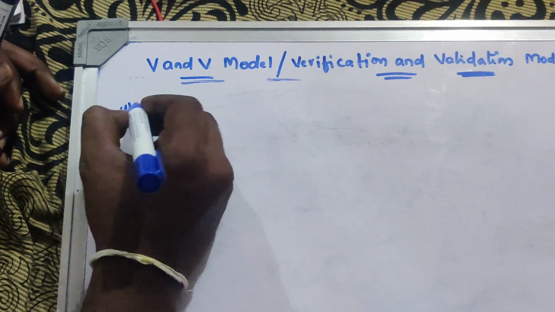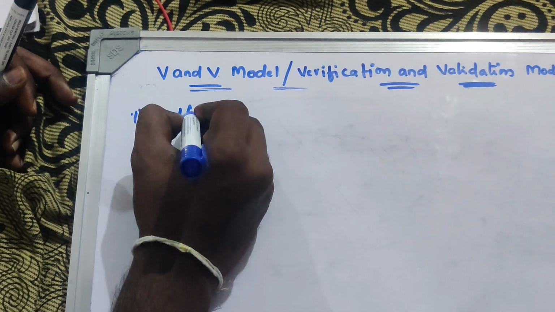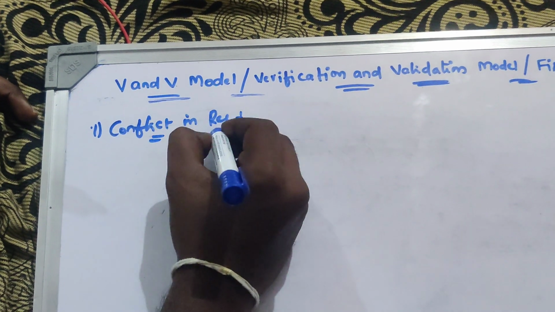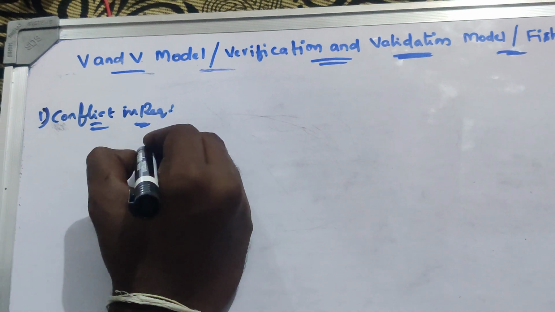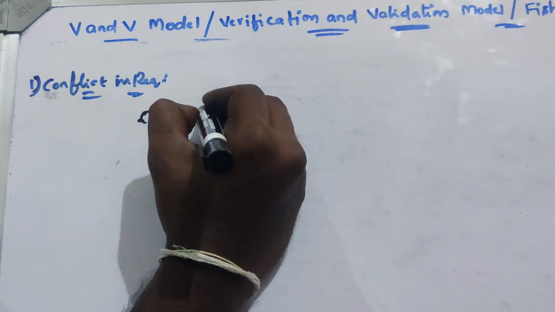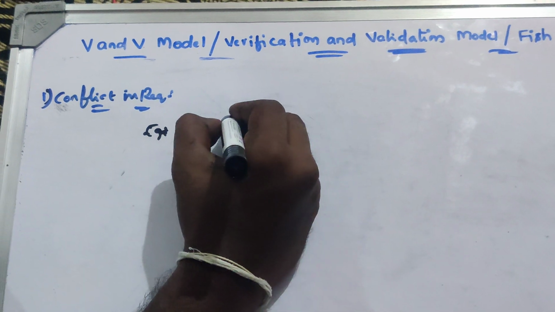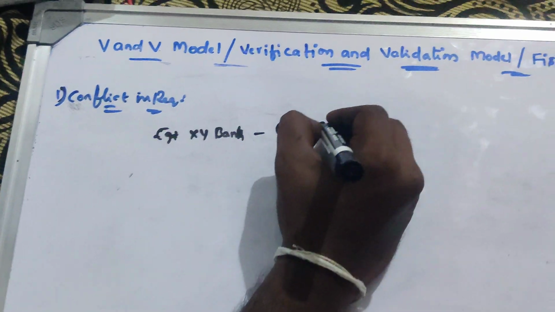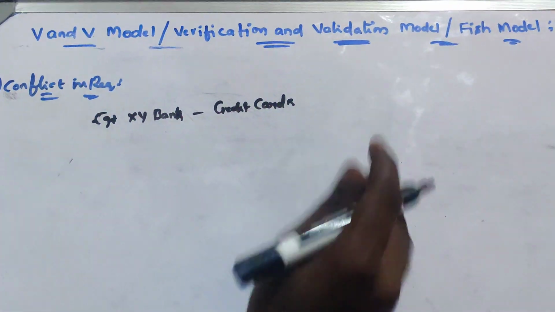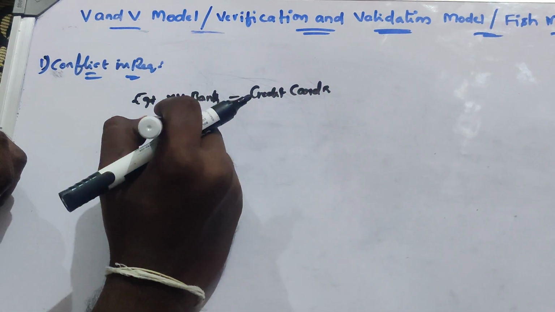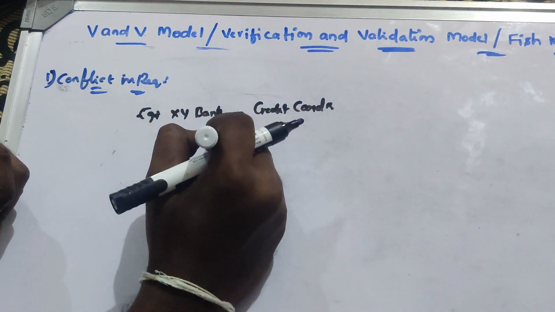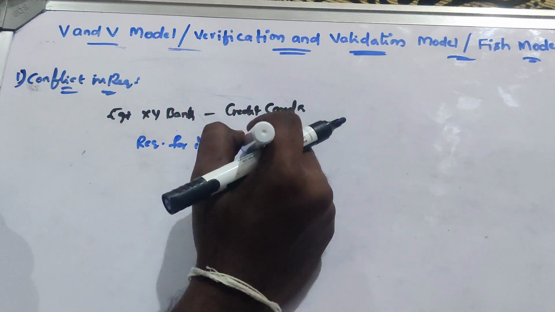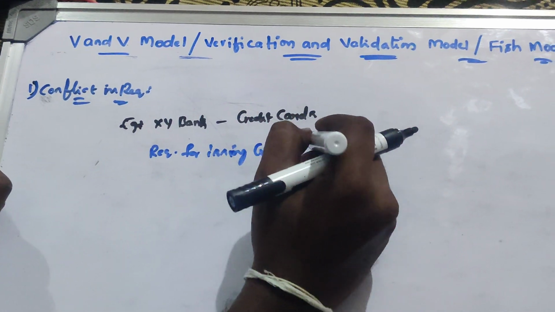Now we are going to the first one, that is conflict in requirements. Suppose we have a bank called XY Bank, issuing credit cards. Requirements for issuing a credit card.